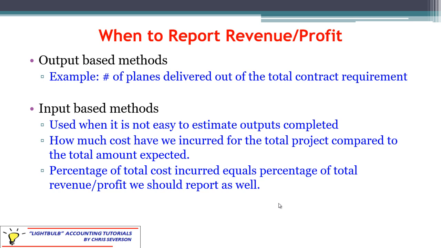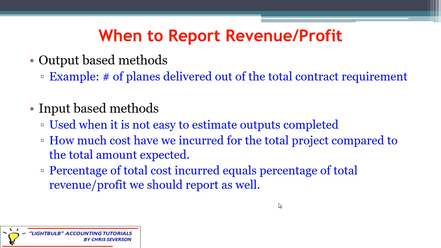So that is really the goal of this particular discussion, is talking about the percentage of completion method. We're going to see just briefly some alternatives in a little bit. But for this method, the percentage of completion method, we're taking a look at the total cost that we expect to have throughout this entire project. How much of that cost have we incurred up to this year, whether it be year 1 or year 2?